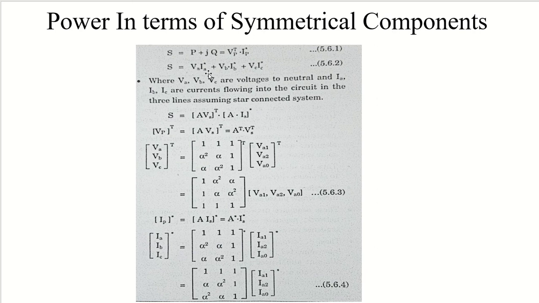And what are these VA, VB and VC? VA, VB and VC are the voltages to neutral, okay? And the currents IA, IB and IC are the currents flowing through the circuit in the three lines, assuming that your star is connected to the system.